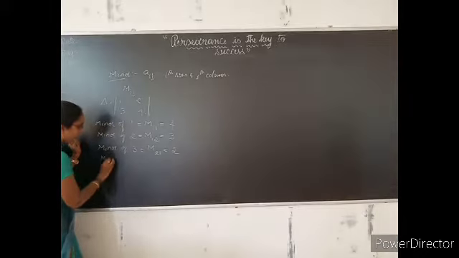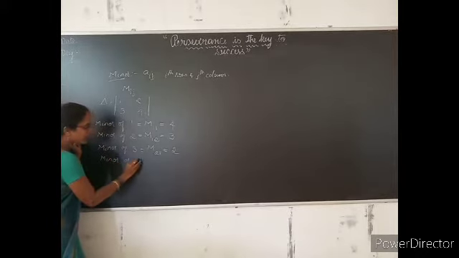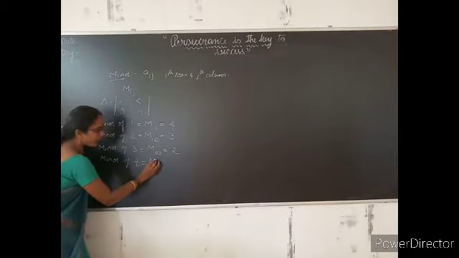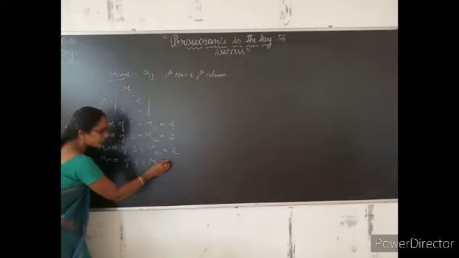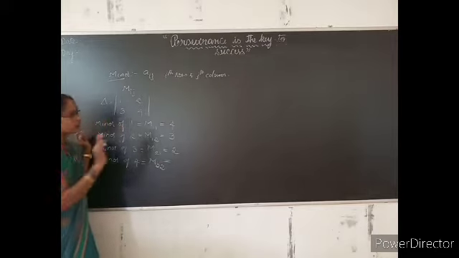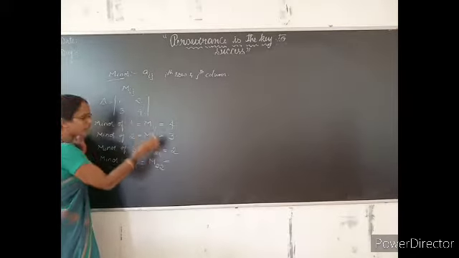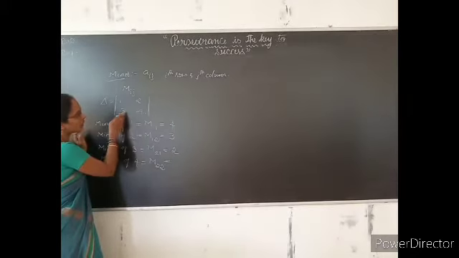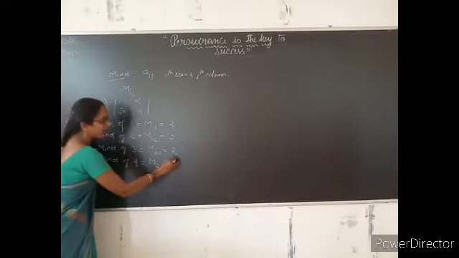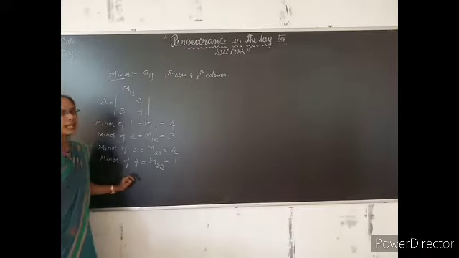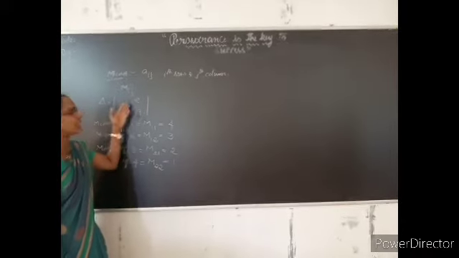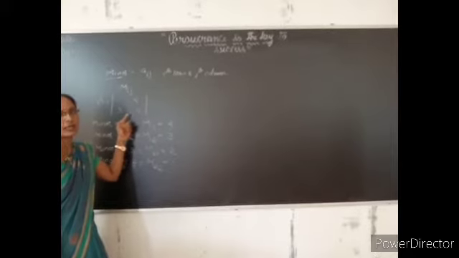The minor of the last element 4 is denoted by M22 because 4 lies in the second row, second column. If you delete the second row and second column, you will get the element 1. So these are the minors of each and every element of the given determinant.